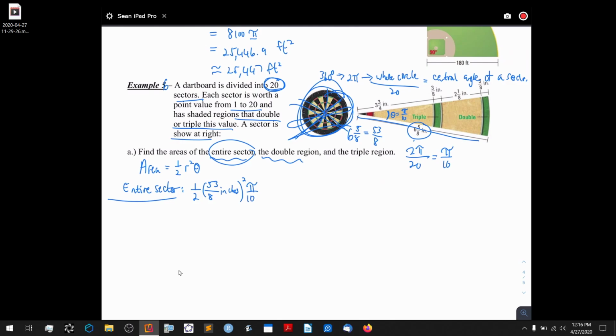Okay, pi over 10. And if you do that, it's going to be approximate because of pi, but you get a number. So let's type that in and see what we get.